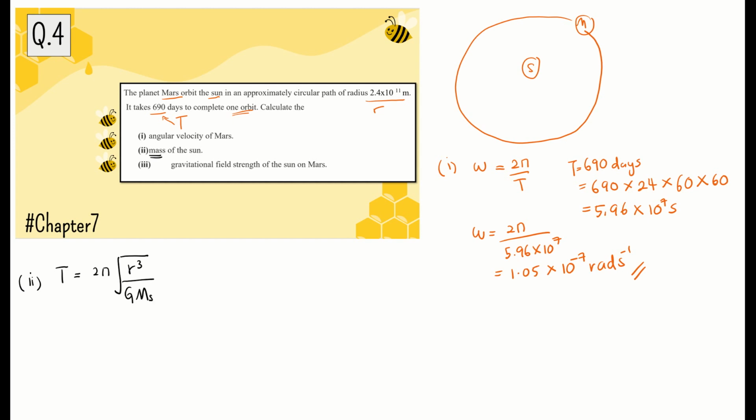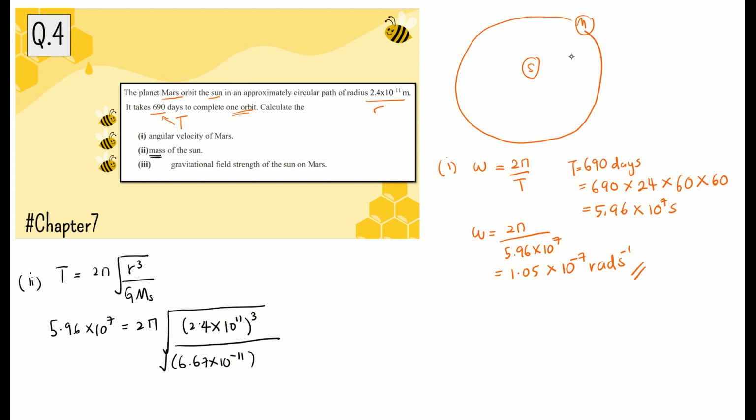We already have our period is equal to 2 pi, and we also have our radius 2.4 times 10 to the power of 11 cubed over 6.67 times 10 to the power of minus 11, and this is the mass of Sun.